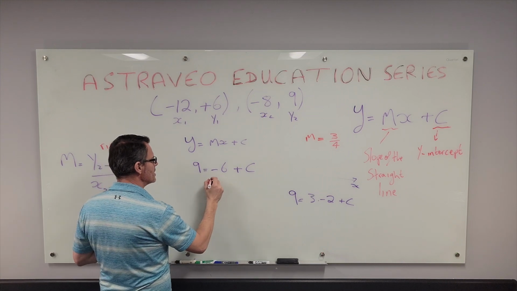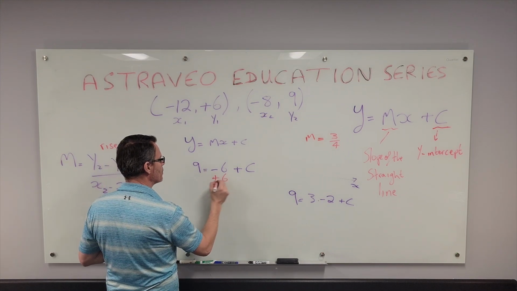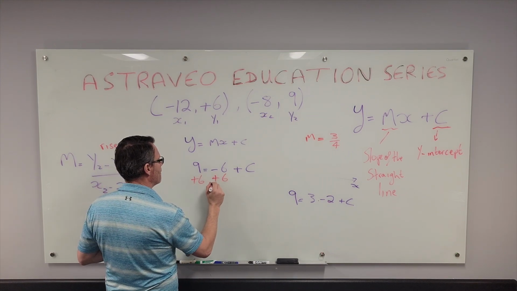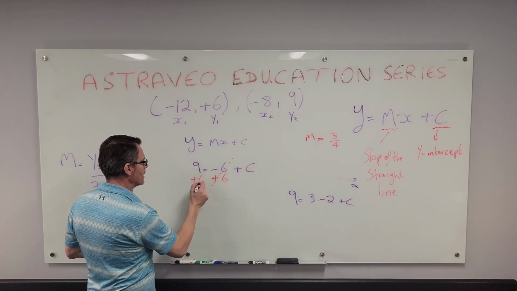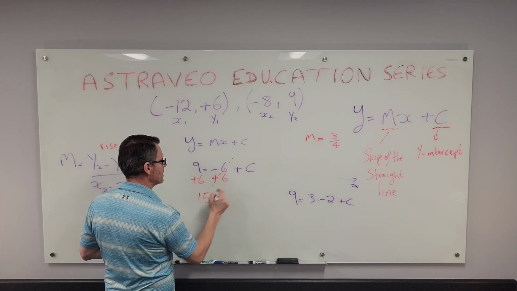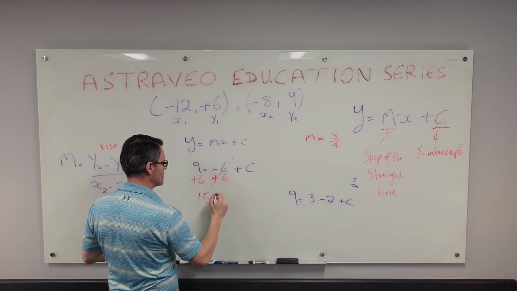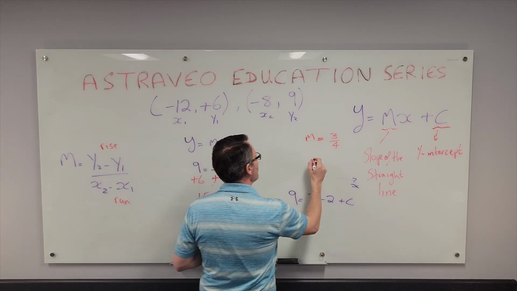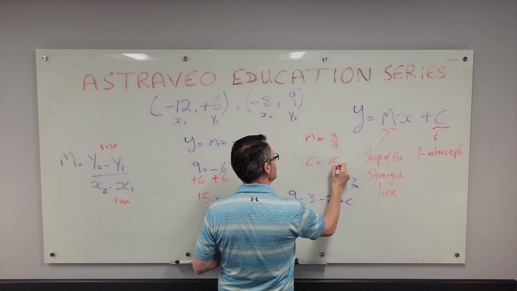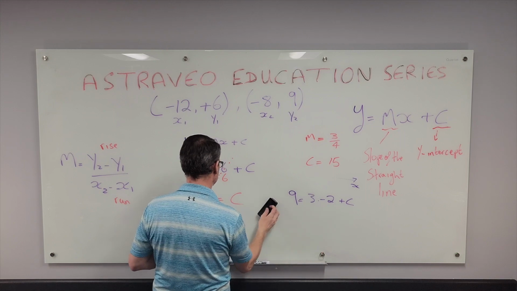But I think these days you add 6 to both sides. Minus 6 plus 6 is 0. 9 plus 6 is 15. And there's just c, because this has gone to 0. c is 15. So now we have everything we need for our equation of a straight line.